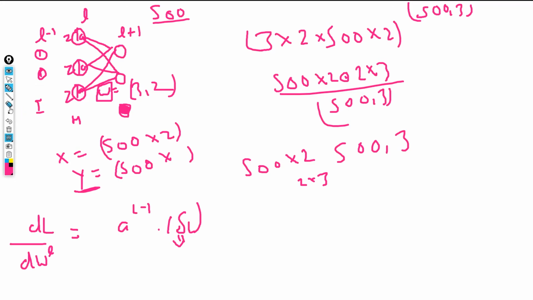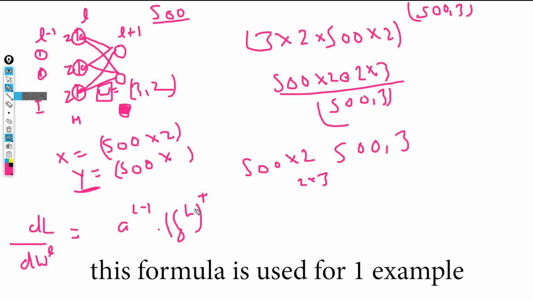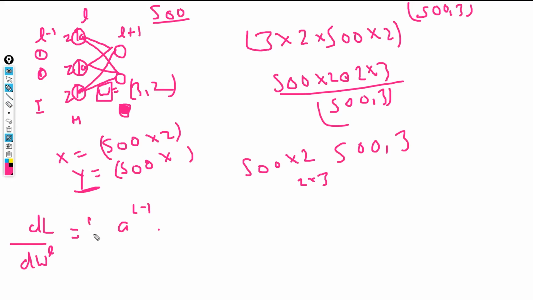It is not multiplied like this, but like the last formula that we derived. We cannot just take it like this. The original formula was delta L and this.